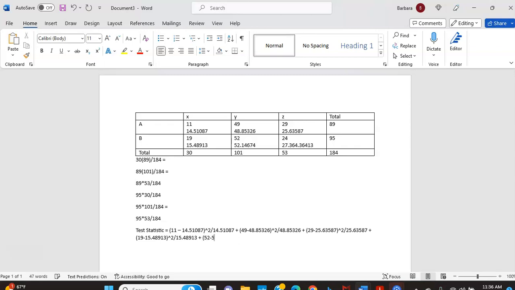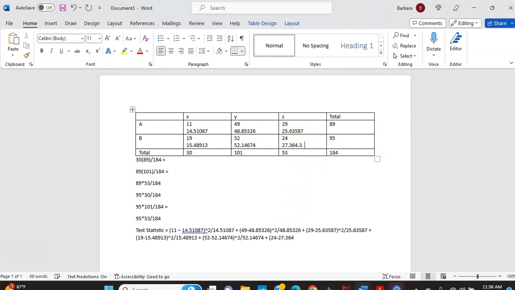And then we're going to do 52 minus 52.14674 squared divided by 52.14674. And then finally 24 minus 27.364, and somewhere along the way I goofed there.